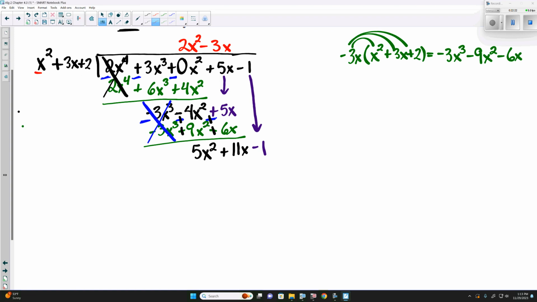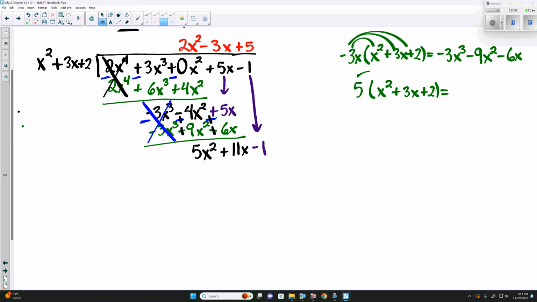Now we need to see what we need to multiply x squared by to get it to be 5x squared. 5. And we would put plus 5 because it is going to be positive 5. So we're going to do 5 times our x squared plus 3x plus 2.